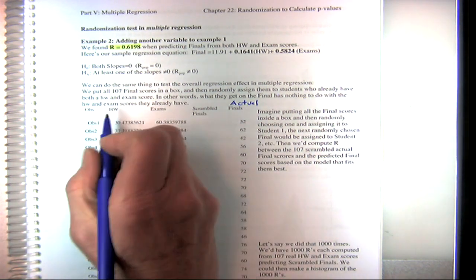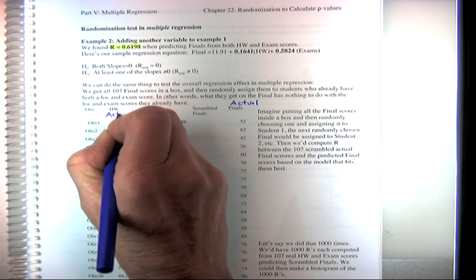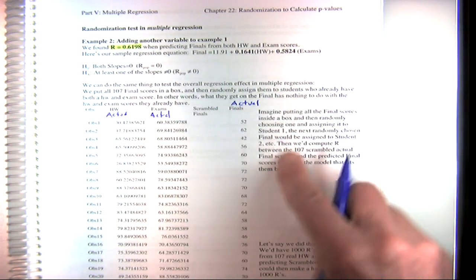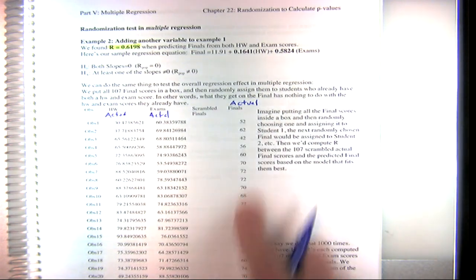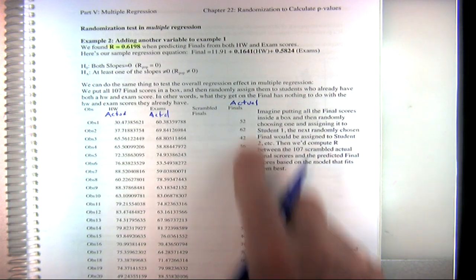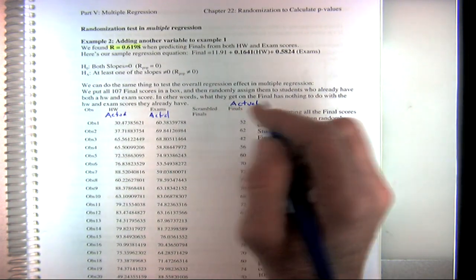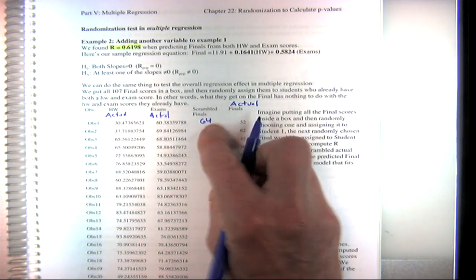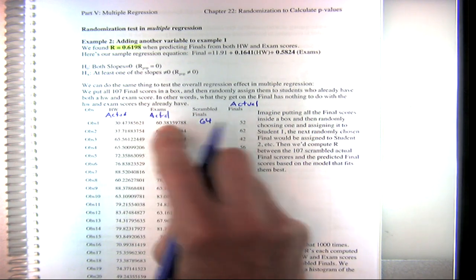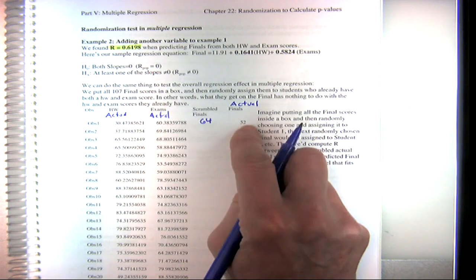Now what we're going to do is imagine putting all these finals inside a box, shaking it up, and then closing our eyes and just pulling one out. Okay, so we're assigning 64 to this student. We're keeping his actual homework and exams. Now we're assigning that to him instead of this one.